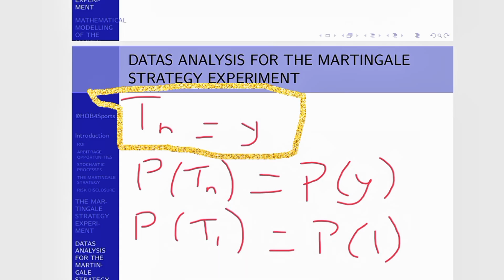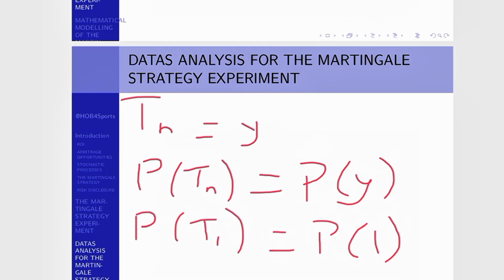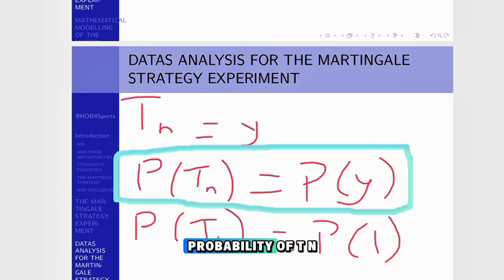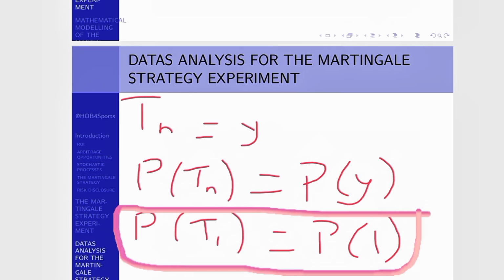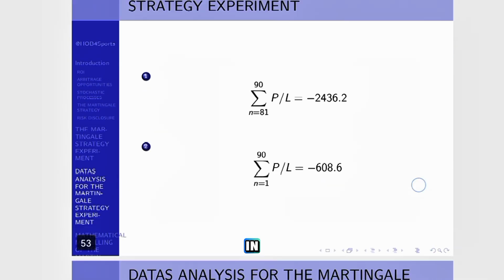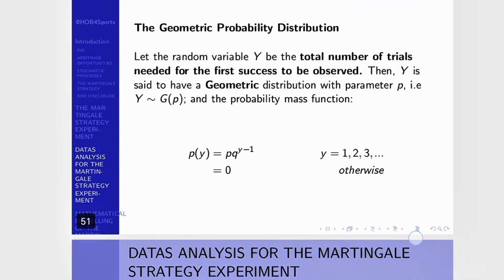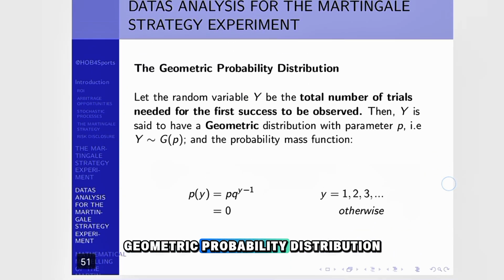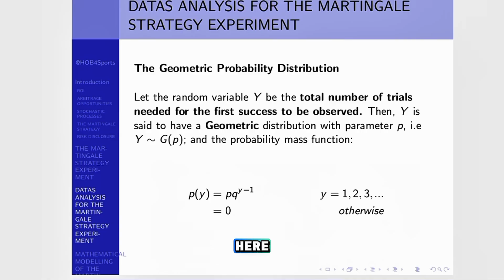You can equate that to y in the probability mass function of the geometric distribution, and the probability of Tn is equal to the probability of y, and the probability of T1 is equal to the probability of 1 in the case of the geometric probability distribution here.